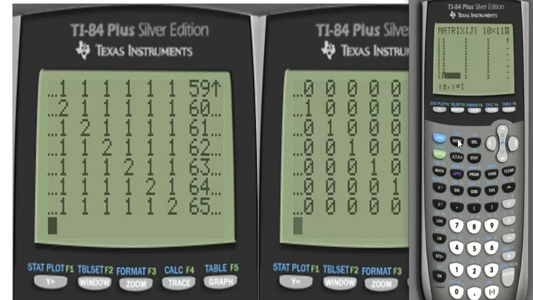So second quit, then second matrix J, hit enter, and here it is: 2's in the diagonal, 1's above the diagonal, and all the way to 66.